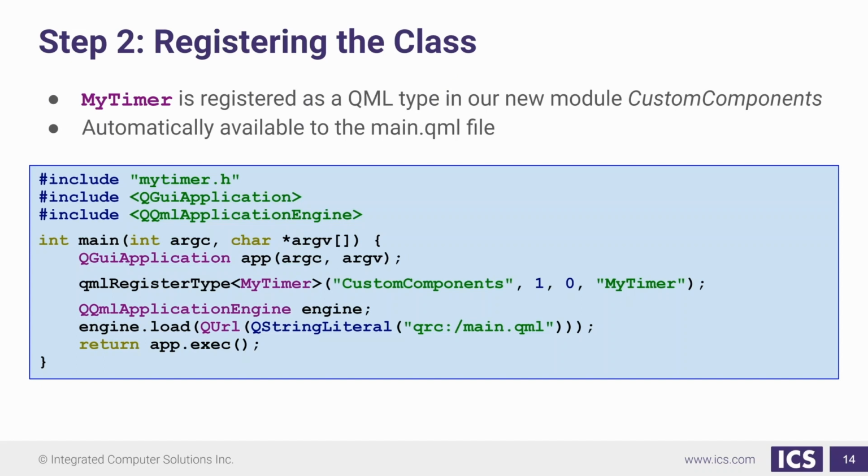So we're going to use qmlRegisterType. The type goes in the angle brackets, and then we have the name of the module followed by the version major, version minor, followed by what we want to call that on the QML side. And as Ryan mentioned earlier, generally we use the same name as the object itself.